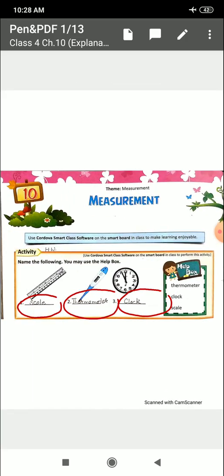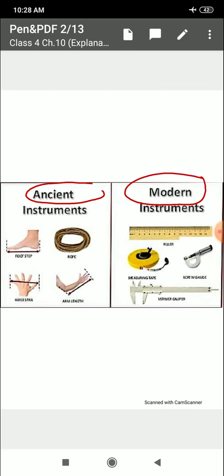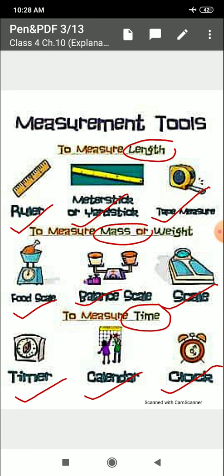First of all, we discussed this activity, various instruments to measure which we use in our daily life. Then the ancient instruments and modern instruments to measure length. Then the measurement tools to measure length, mass and time.